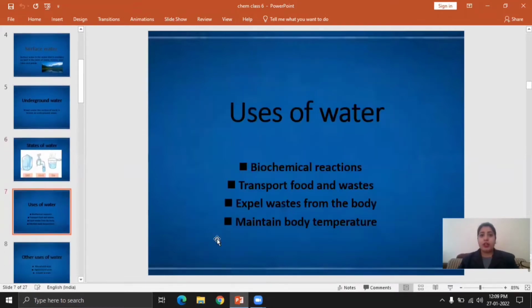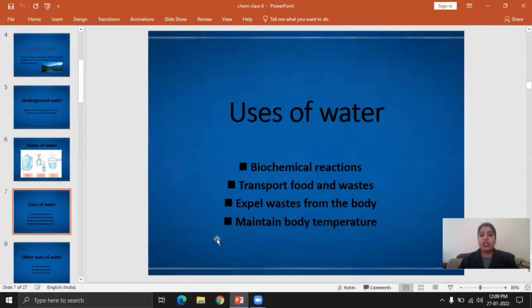Now, there are numerous uses of water. The first one is biochemical reactions. Water helps in biochemical reactions that take place in our body. For example, for digestion, we need water, right? Digestion cannot take place without water. Plants need water for photosynthesis.